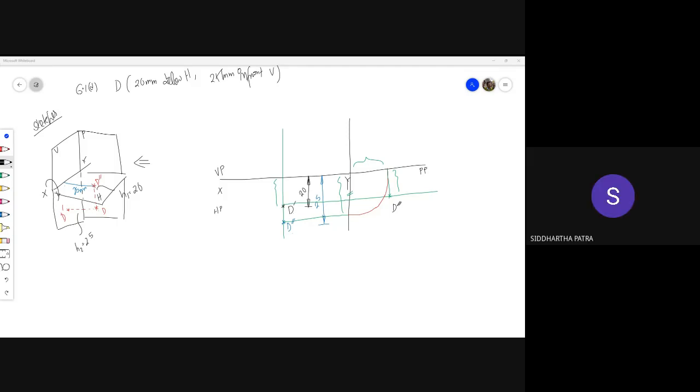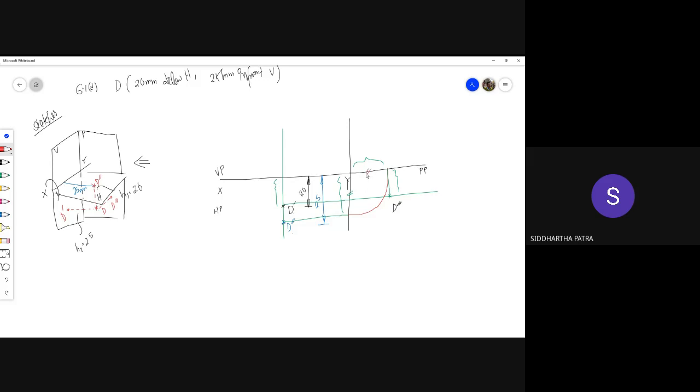See, basically in the profile plane, think about it. How would the point D look in the profile plane? Let's say this is D triple prime, the point D projected on the profile plane. You'd look at it below the XY line. It would be below the horizontal plane, right?